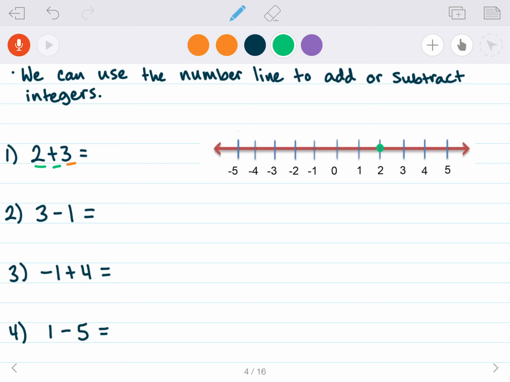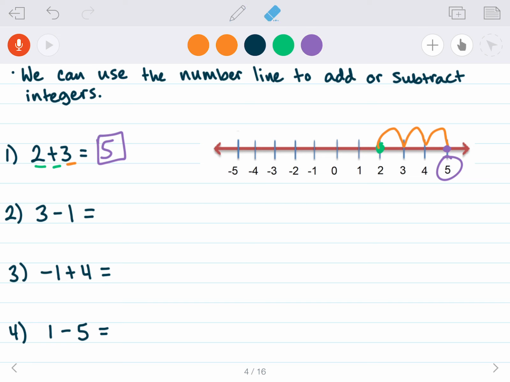If I start at 2, I want to move to the right 3 units, so I hop over 1, 2, 3. And my new number, my answer is 5, because that's where I end up after hopping to the right 3 units.